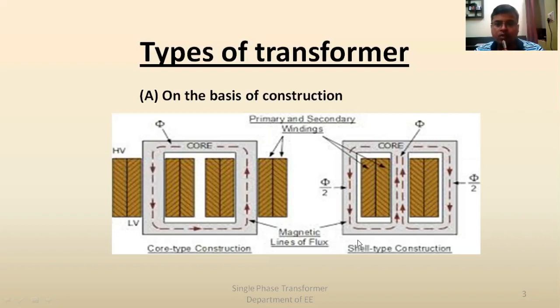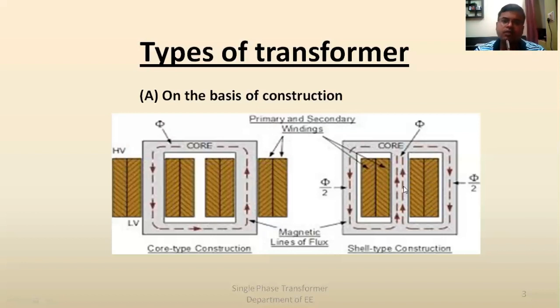Now come to this shell type construction. So the difference is that here the windings are placed on both the limbs. In shell type construction you will find that the windings are placed on a single common limb, and on the side limbs there is no winding placed. So these are two different constructions.